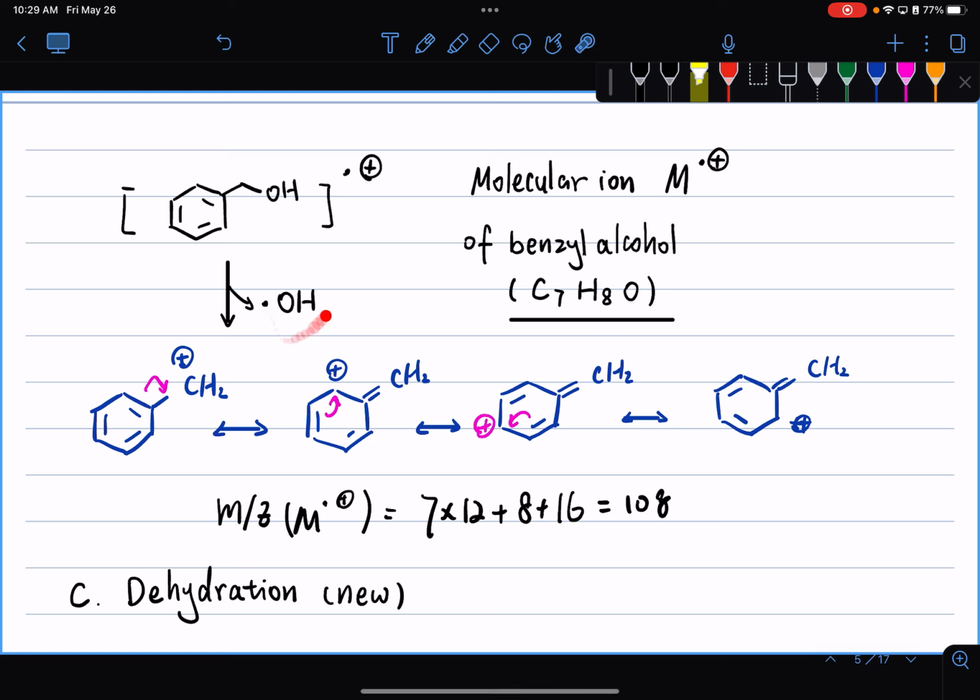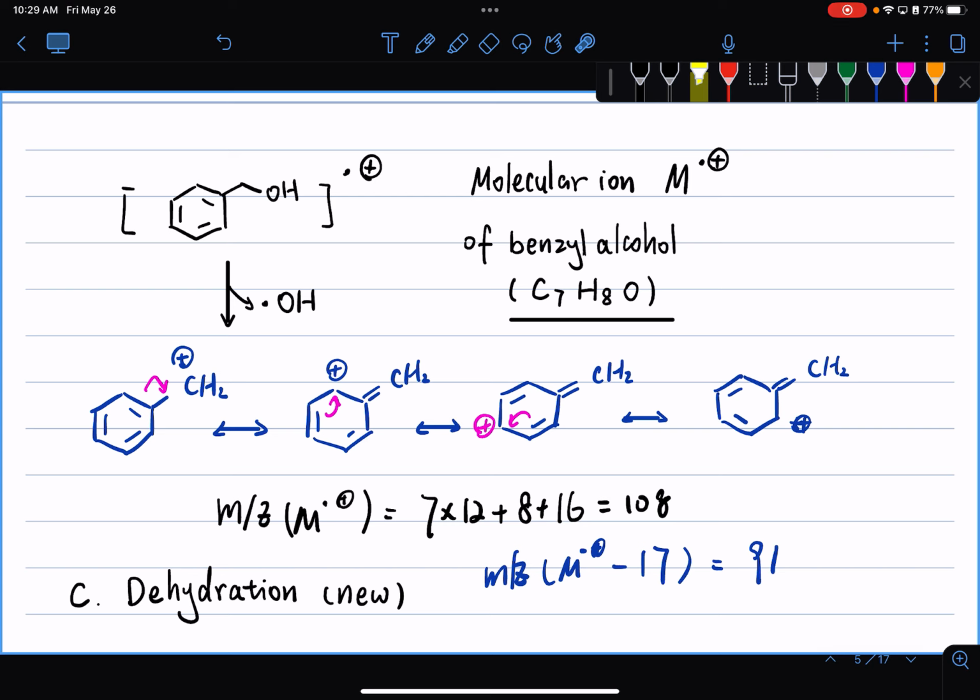And we're losing an OH. So the peak we're expecting is at M plus minus 17, which is the mass for that OH group, or about 91. Then you can check that 91 number by actually calculating the number of carbon and hydrogen on your benzylic cation. Or you can check it vice versa. So it's foolproof. You can check it both ways.